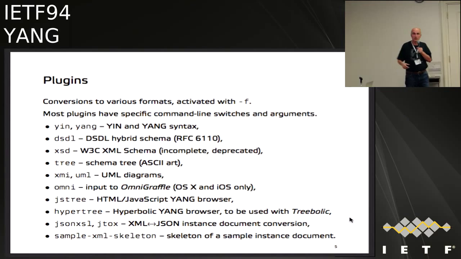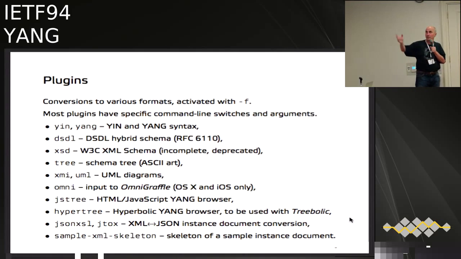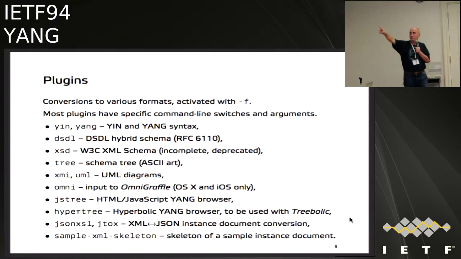Most of them just produce a specific output, and these output plugins are selected via the -f command line switch, and each of the plugins usually has a number of its specific command line parameters and options.